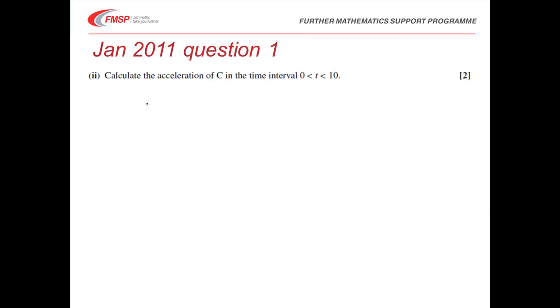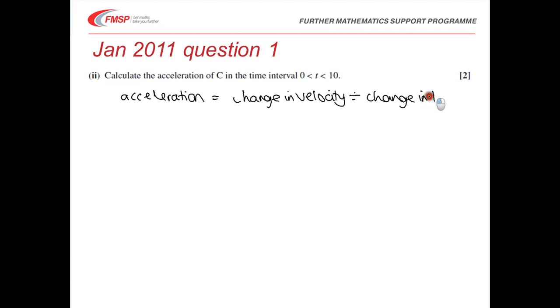Now we have to calculate the acceleration of this object in the time interval 0 to 10. We can use the fact that the acceleration is the gradient of a velocity time graph, so we're going to be looking at the change in velocity divided by the change in time.